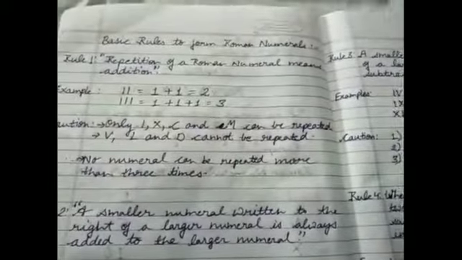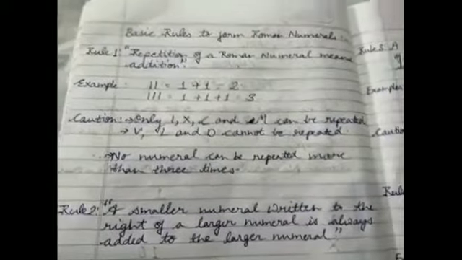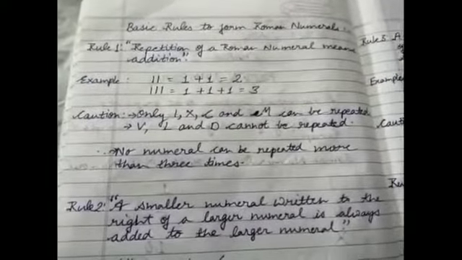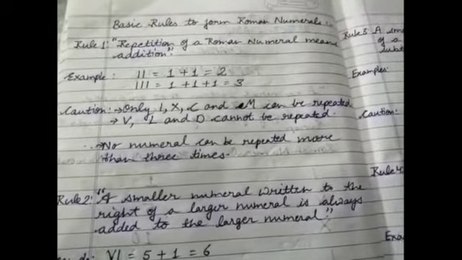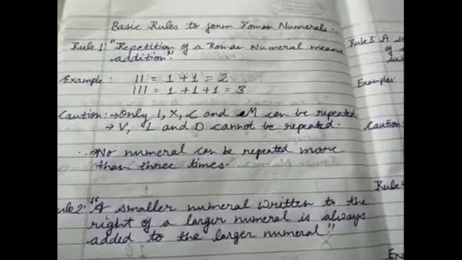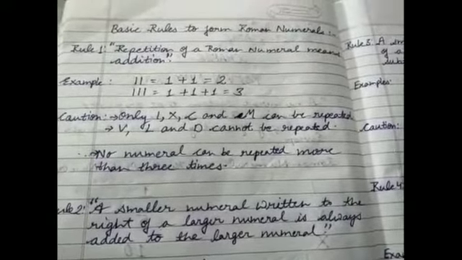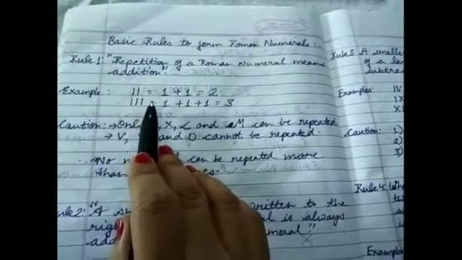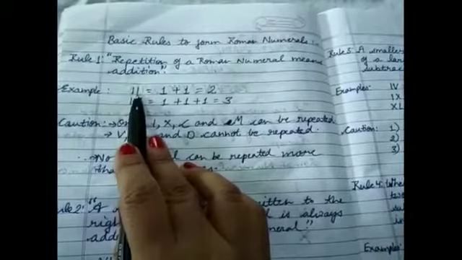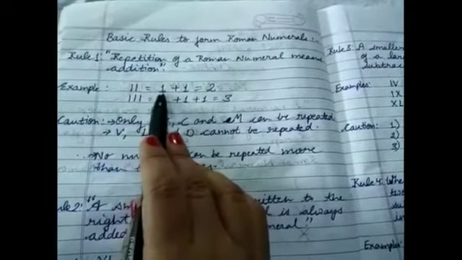To learn Roman numerals there are some basic rules. The first rule: repetition of Roman numerals means addition. What is the first rule? Means if the Roman numerals are repeated then we will do addition. Now look here, example II means I is repeated 2 times, and I denotes 1.